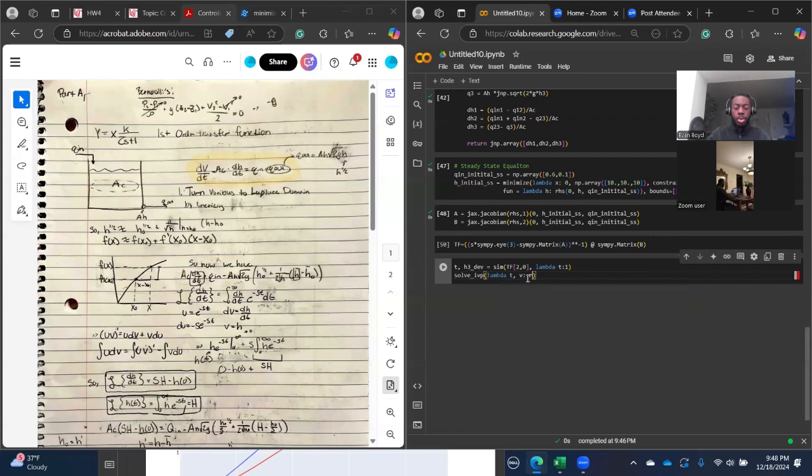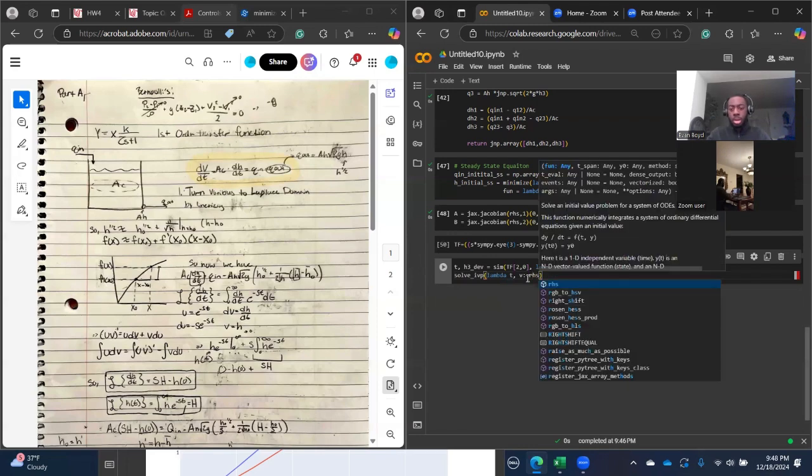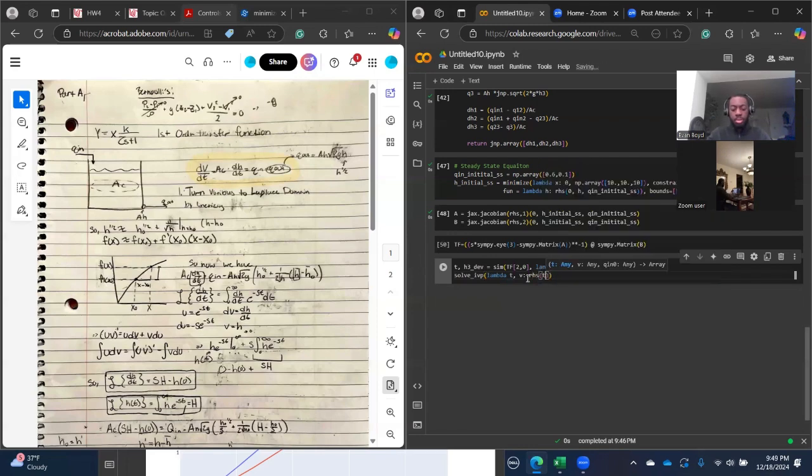Okay. We'll do a right hand side. This would be t, time, and then our height. And then we have our q in, initial steady state.